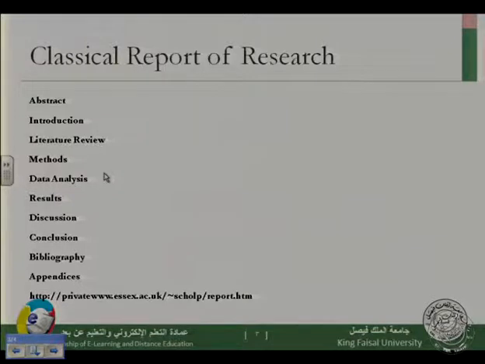Sometimes, if you go abroad or to different universities around the world, and sometimes in Saudi Arabia now, it's increasing these days, you have something called a term paper. After the end of your course, your tutor, your instructor, asks you to submit a term paper consisting of 1,000 words, 1,500, 2,000, sometimes 3,000 words.